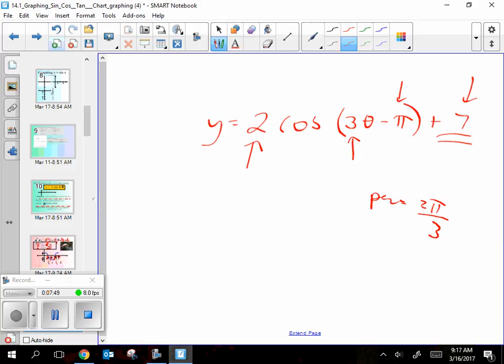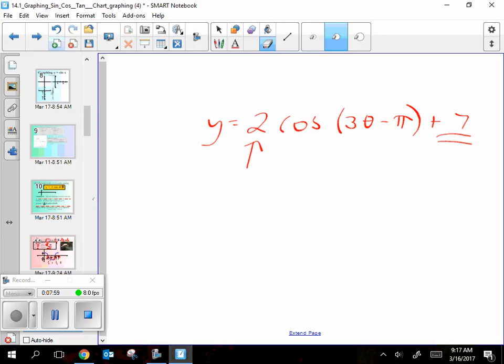But this one's the more complicated one, because everybody thinks you just move it over pi, right pi, but you don't. Because remember the famous saying, if you can factor it, you should. So 3 comes out, and you get theta, which could be like an x, minus pi over 3. And how do I know that worked?